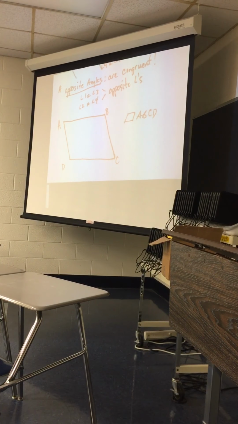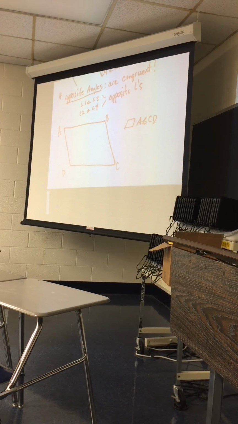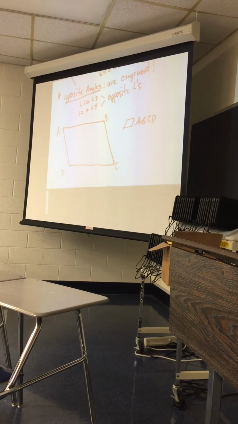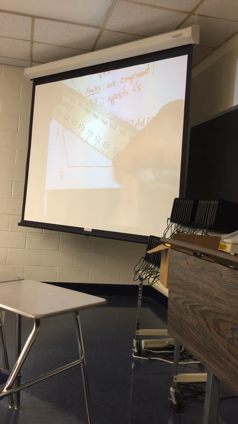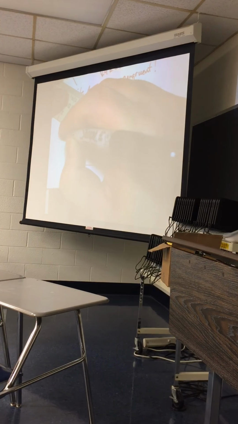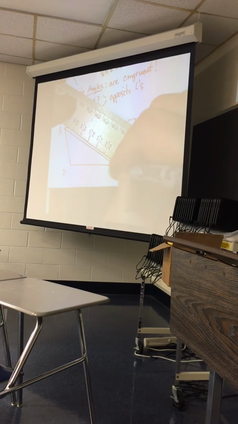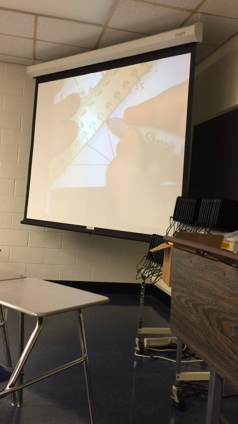Okay? So parallelogram A, B, C, D. Now, let me draw in the diagonals. So I'm going to connect the opposite angles, the opposite vertices. All right, so I've connected the diagonals.